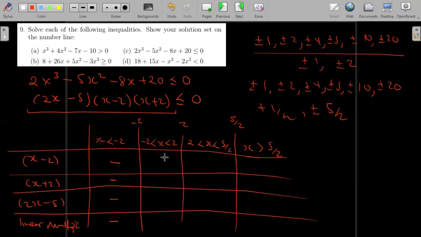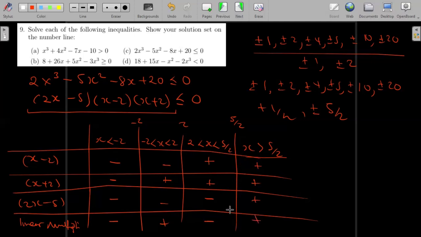Do the same here, get a number in between. You can put 0 there and get a positive, then negative, and at the end, anything greater gives you a positive. So this is what you get.